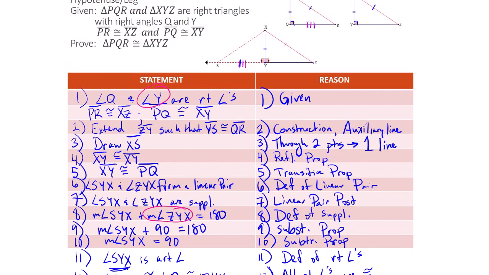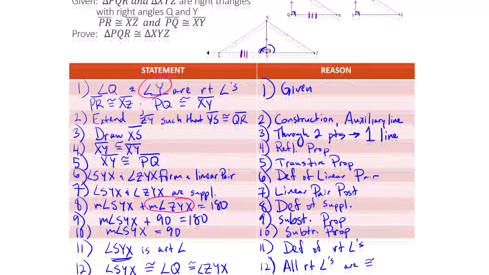All right, so now we know this angle is congruent with this angle and is congruent with this angle. So now we have enough to say side angle side, right? Side angle side. So we have enough to say that, okay, well, triangle XYS must be congruent to triangle PQR.